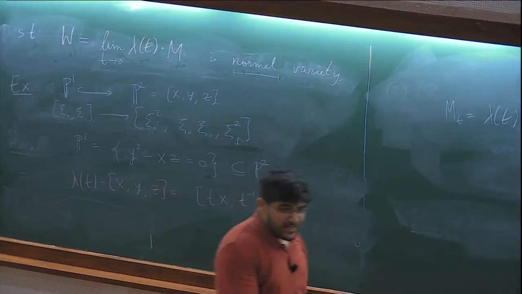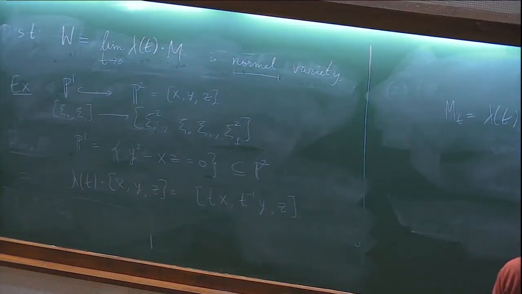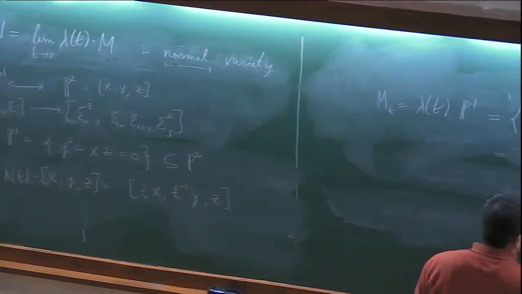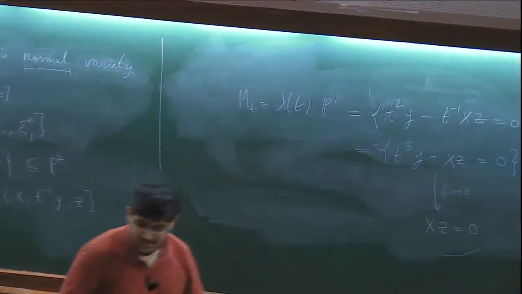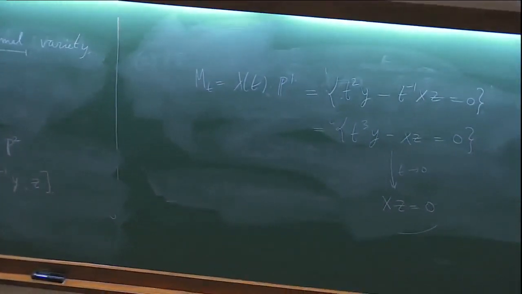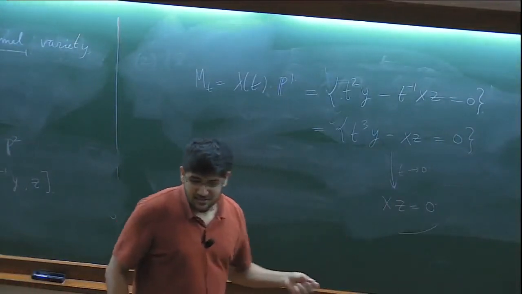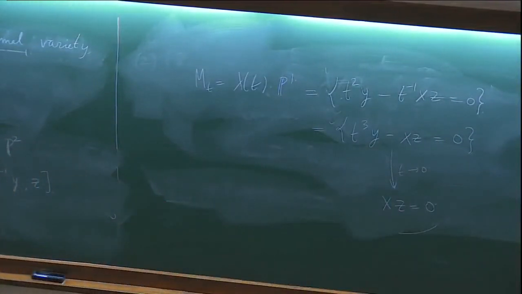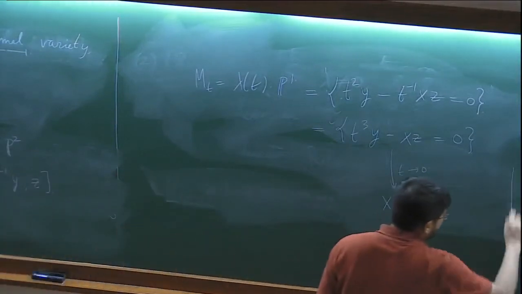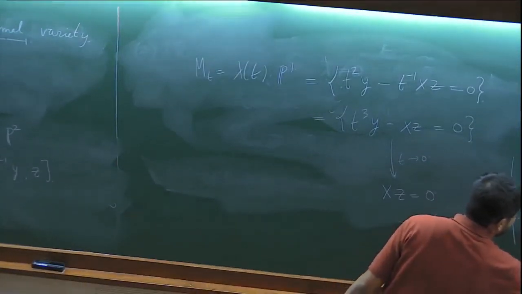Now when you take t goes to 0, you take the obvious limit. This converges to the equation xz equals 0. When I say algebro-geometric limits, I mean the most obvious thing to do. Of course this is very singular, it's the union of two lines.